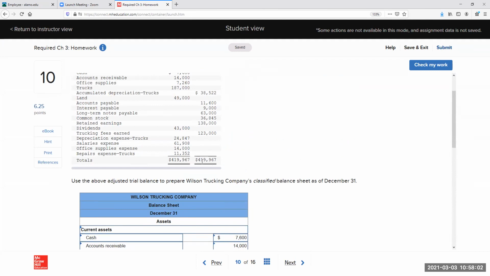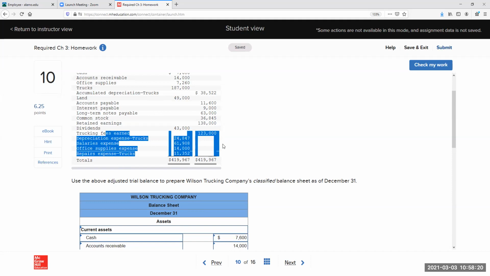So let's see if that's the 123 revenue minus 24,847 minus 61,908 minus 14 minus 11,352. So I made income. So my retained earnings, you start off with 138 minus 43 plus the income, right?